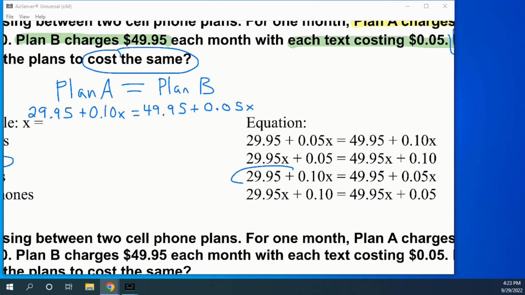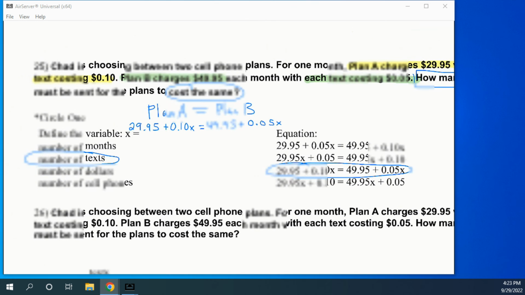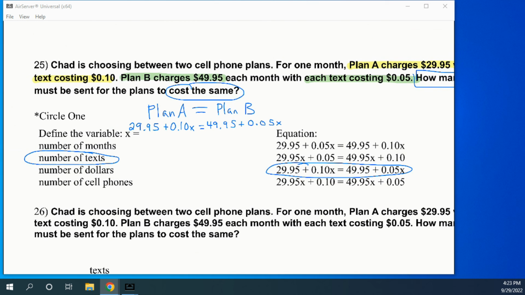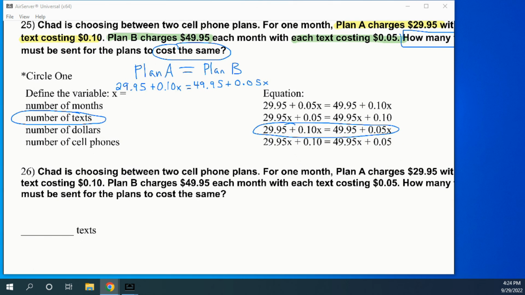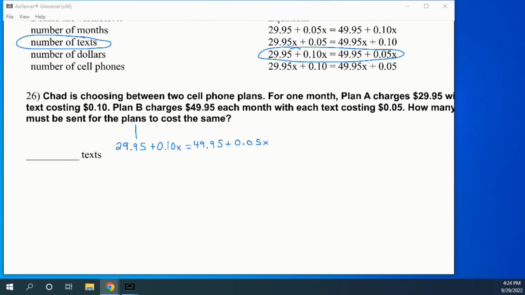I am convinced that this is the correct equation that we are going to use to model this situation. Okay, that's it for 25. We just need to set up what we know. 26, it's the exact same situation. We are just going to answer the question, how many texts must be sent for the plans to cost the same. So I'm going to use this equation that I wrote up here to solve for the problem.